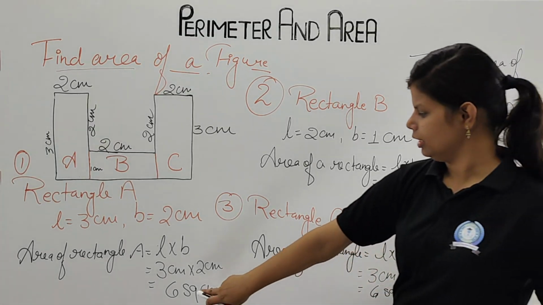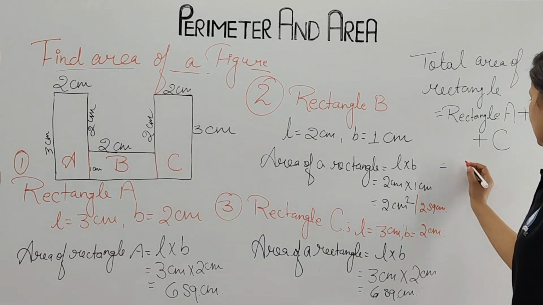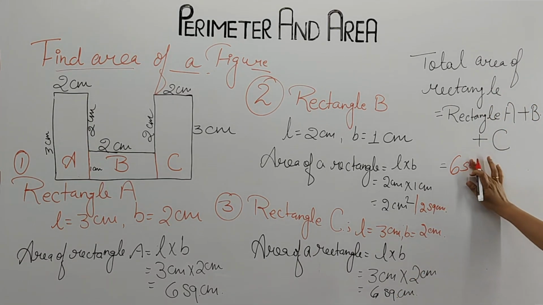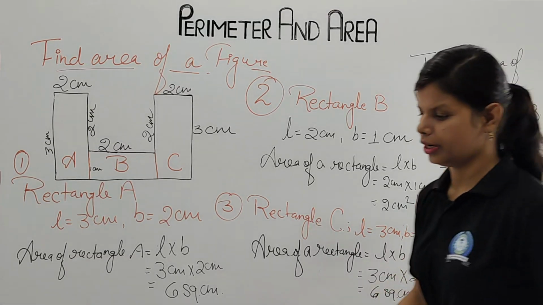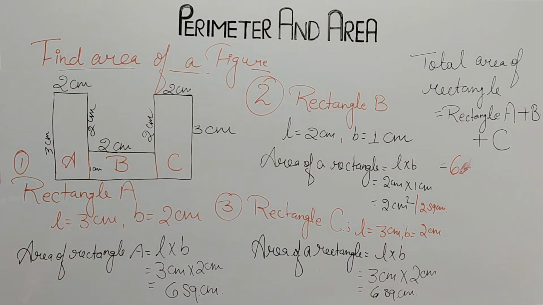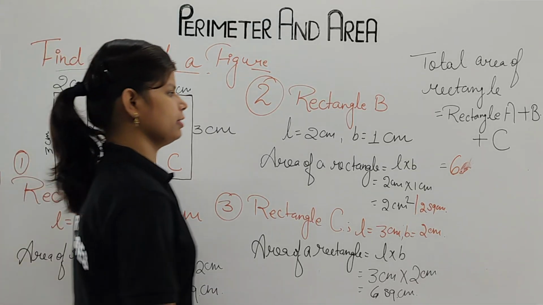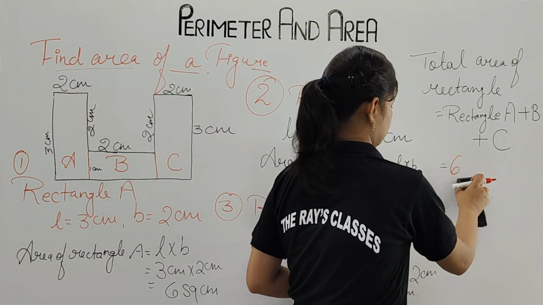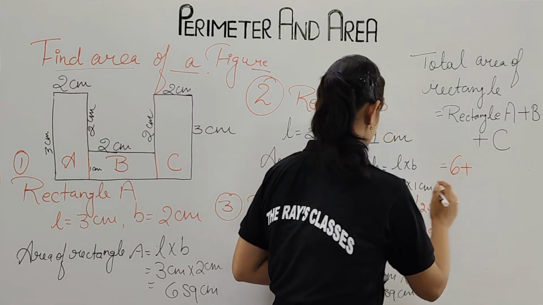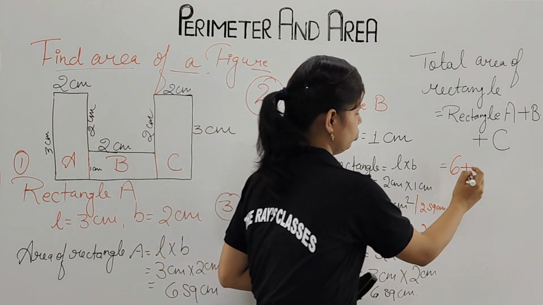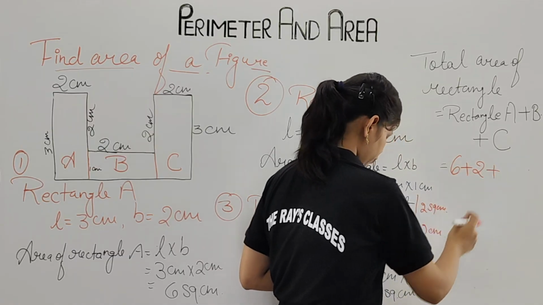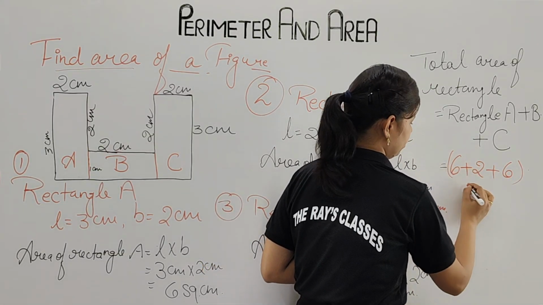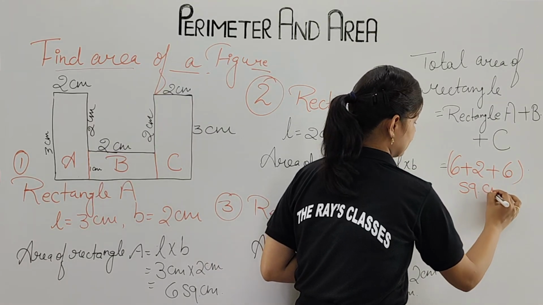Rectangle A of yours is what? 6 square centimeters. So you will add 6, or you can directly add and at the last write the square. Clear? Then we will write like this: 6 plus the second will be 2 plus the third will be 6, and at the last you can write square centimeter.